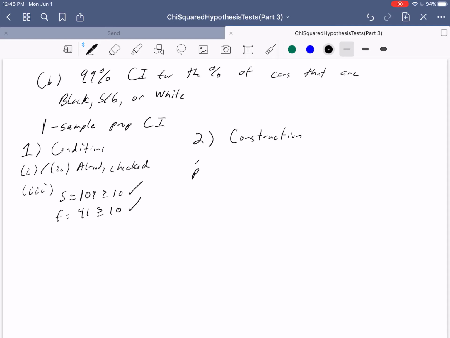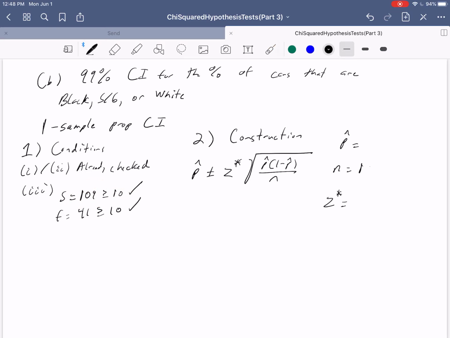So remember, our formula is going to be p hat plus or minus z star square root p hat 1 minus p hat over n. So we need 3 things here: p hat, n, and z star. How do we find sample proportions? Number of successes divided by sample size.